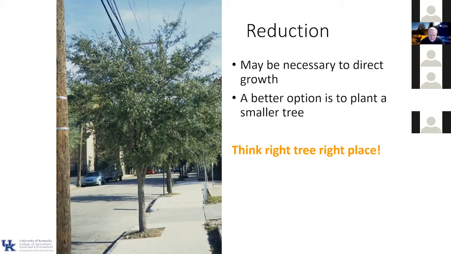But reduction cuts, even with proper cuts, you can't drastically reduce a tree that's typically 40 foot tall. You can't ever make it a 20-foot tall tree and keep it at that height and keep it healthy. So it's important to know a little bit about the trees that you're planting, their ultimate height, their ultimate form. But even using good cuts, it doesn't always solve the situation, especially in this situation here.